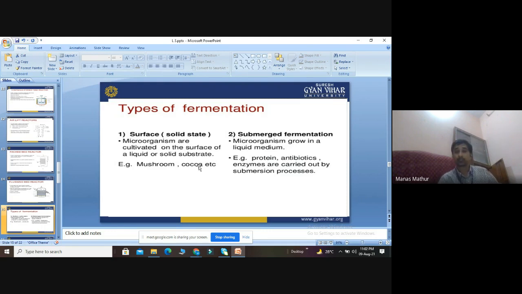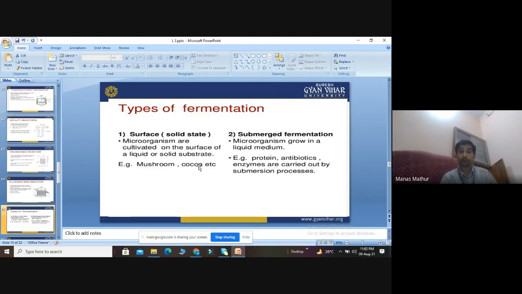Now we discuss the different types of fermenter. What is the process? Fermentation. Basically fermentation is of two types. One, surface type, which includes solid state.